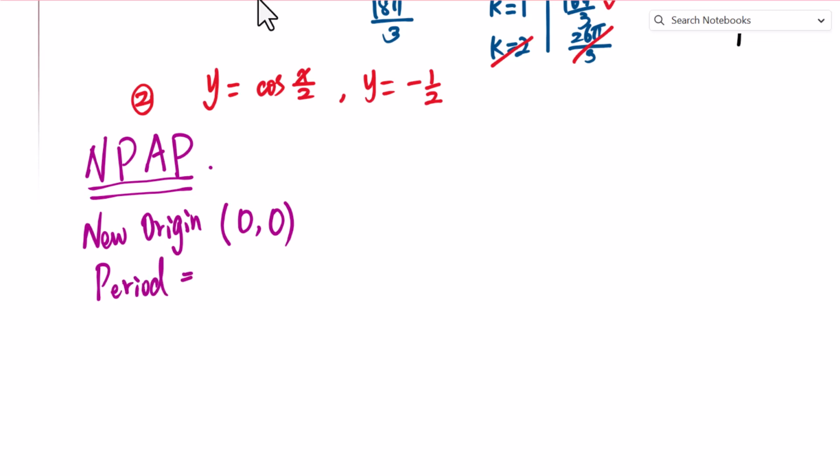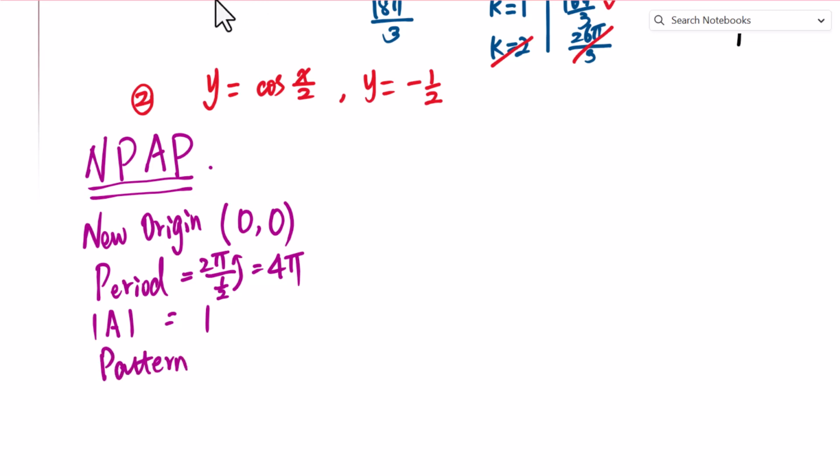Period equals 2 pi over the coefficient of x, which is 1 over 2. We got 4 pi. A means amplitude. It's 1.